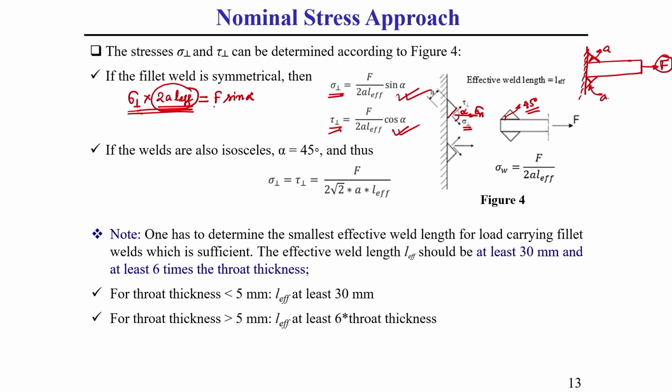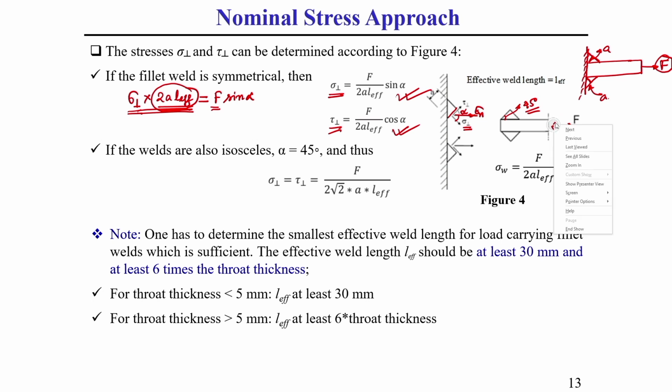This force component should be equal to the normal force, the axial force. This axial force component should be balanced with that normal component. So, this force will be with sin alpha. Why sin alpha?